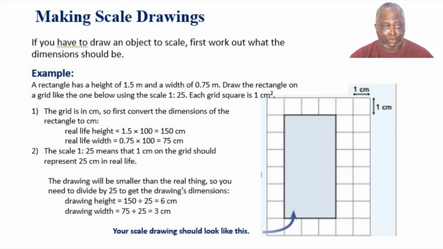Drawing height is equal to 150 divided by 25, which is equal to 6 centimeters. And then the width is equal to 75 divided by 25, which is equal to 3 centimeters. And your scale drawing should look like the drawing on the right.